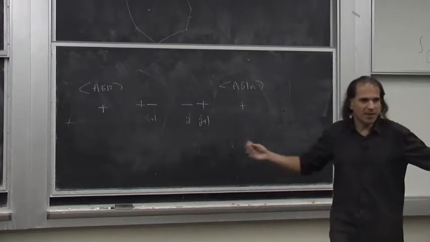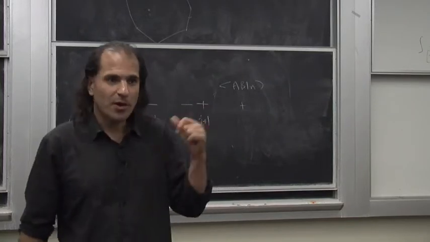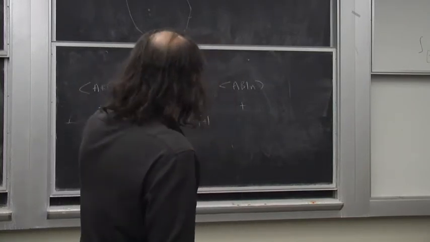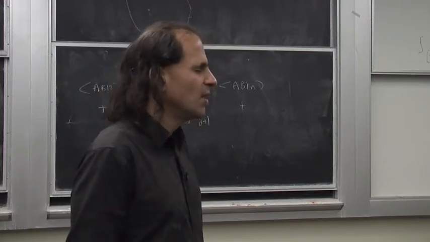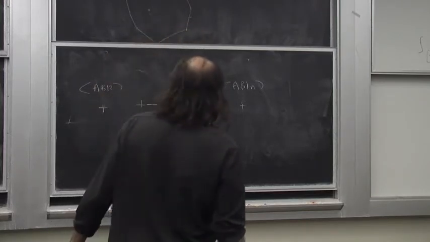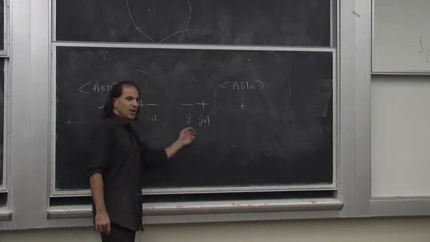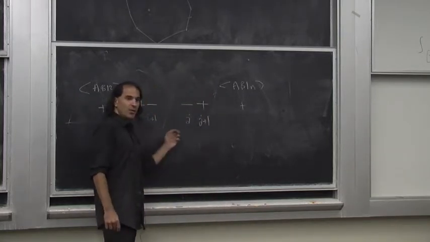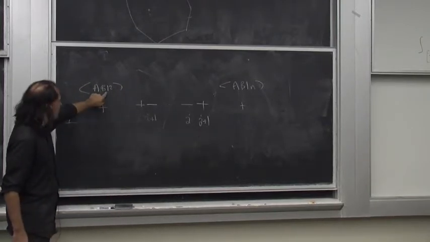The amplituhedron is completely covered by regions where the sign flip occurs at these locations, I plus 1 and J plus 1. So all that's left is to figure out what AB looks like when this sign pattern is realized. And remember, what's special here is 1.